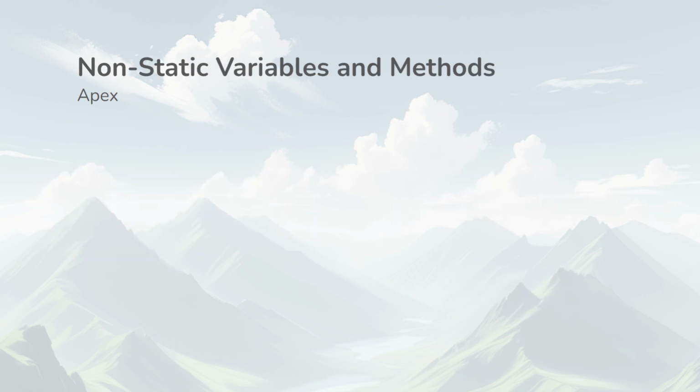Now let's talk about the non-static variables and methods. These variables and methods get associated to the object of the class that we create instead of the class like the static members. So, to access the non-static members, we first need to create object of the class, and then using the object we can access them.